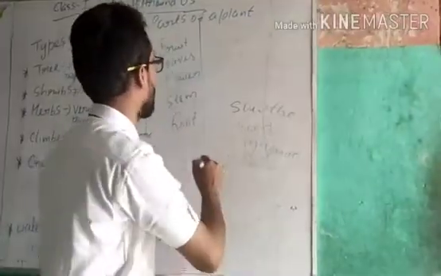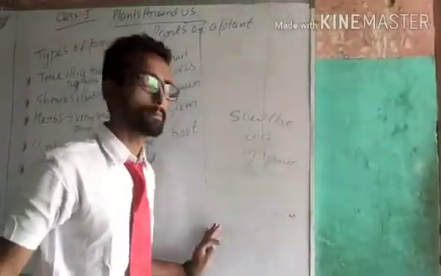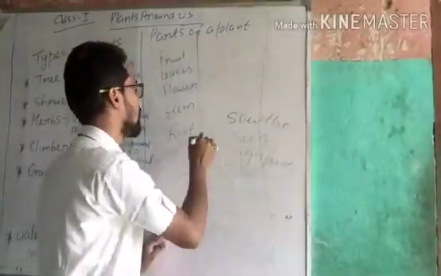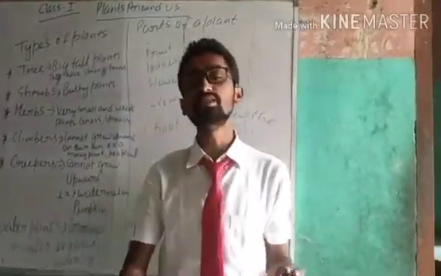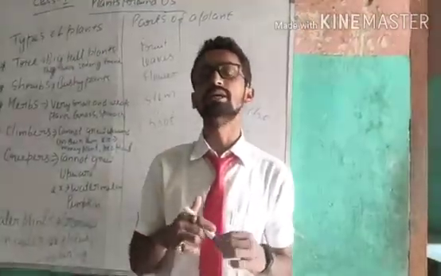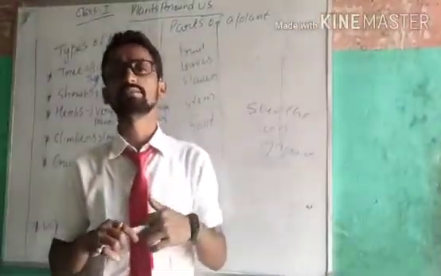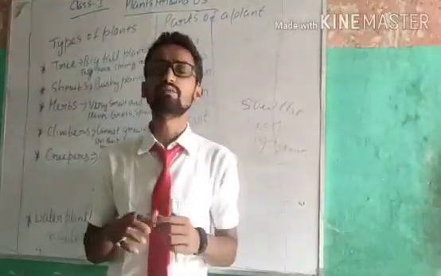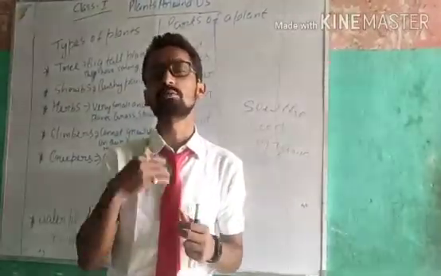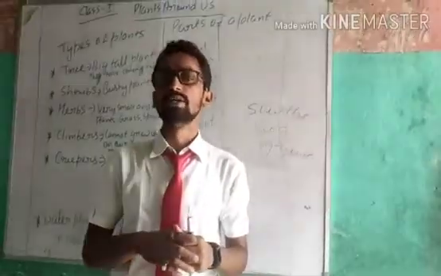Now today we are going to study the parts of a plant. Plants have different parts. The first part is the root, the part of the plant which is beneath the surface of the ground. It means the underground part of the plant is known as root. The main function of the root is to provide water as well as support to the plant.